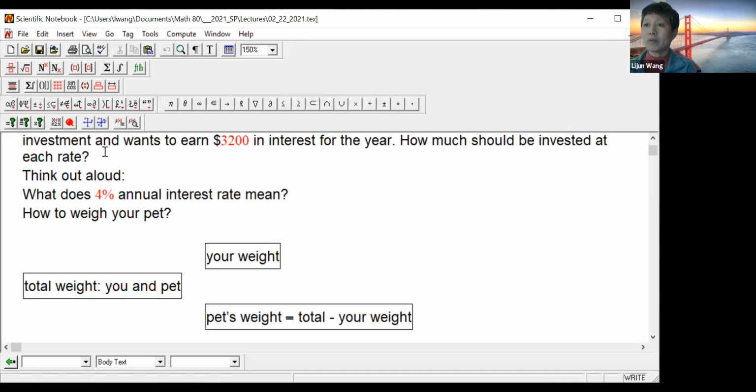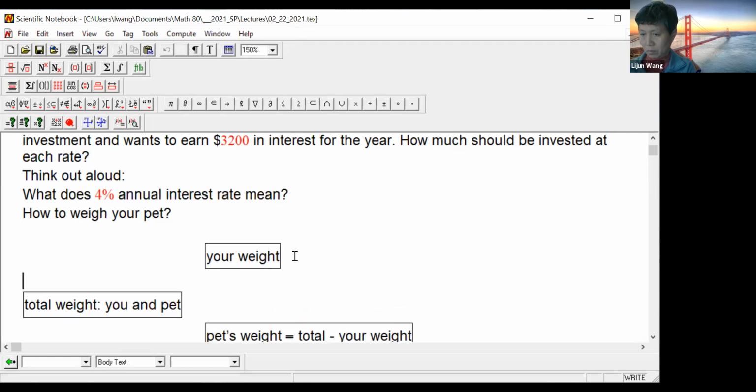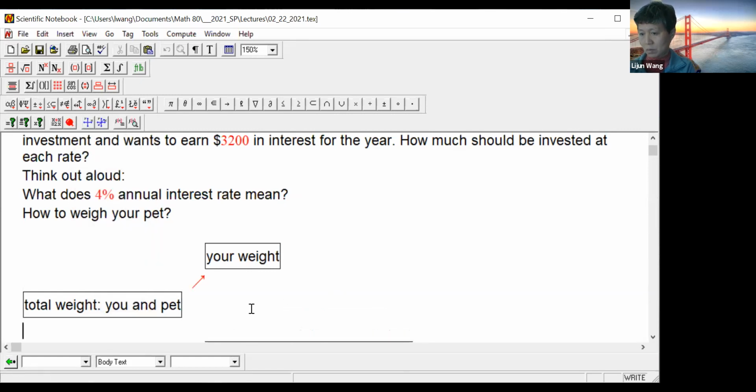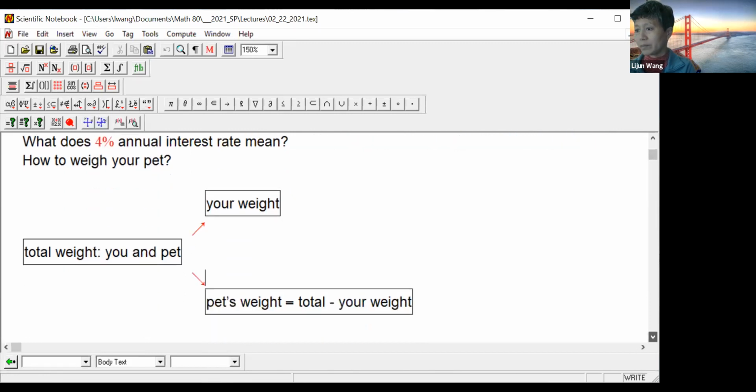And then how do we formulate this? Can we formulate this? Let's use some mathematical symbols to formulate this, right? This is the total, and your weight is measured.